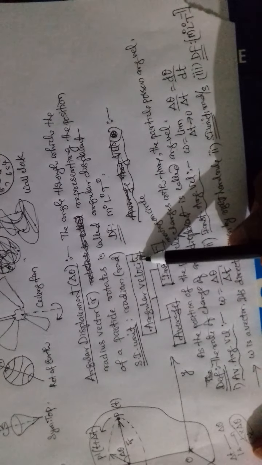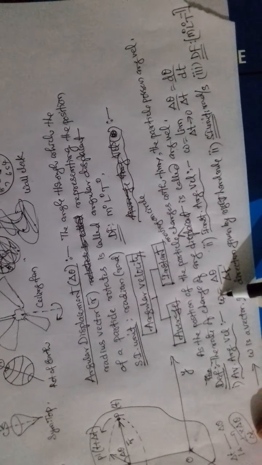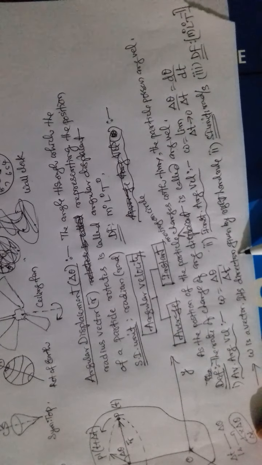Okay, now whether angular velocity is a vector or scalar. Angular velocity is a vector. It means it has magnitude as well as direction. Then in which direction does it act? Its direction is given by the right hand rule or right handed screw rule.